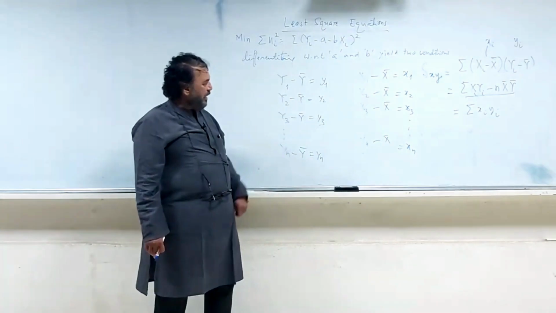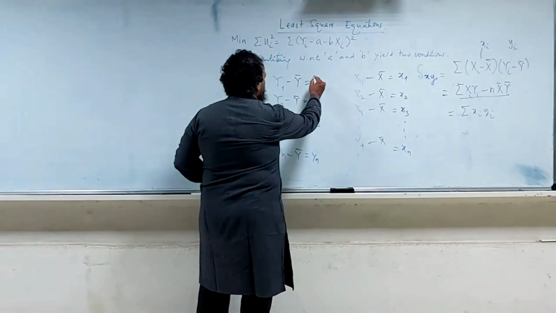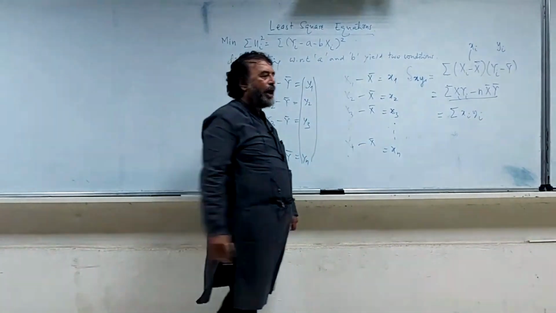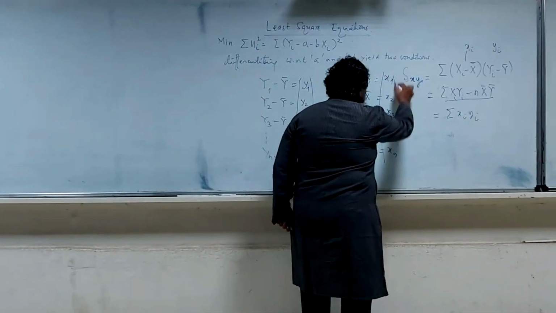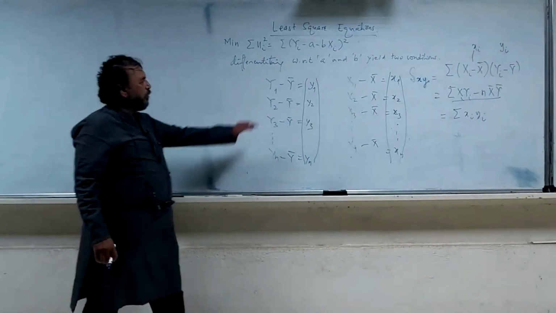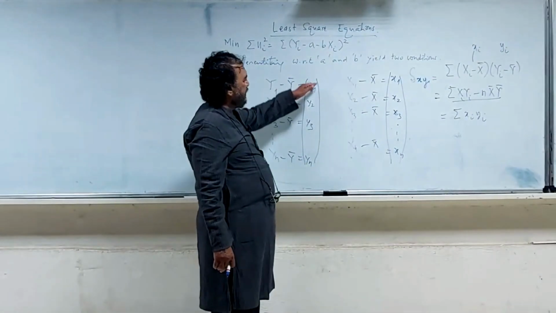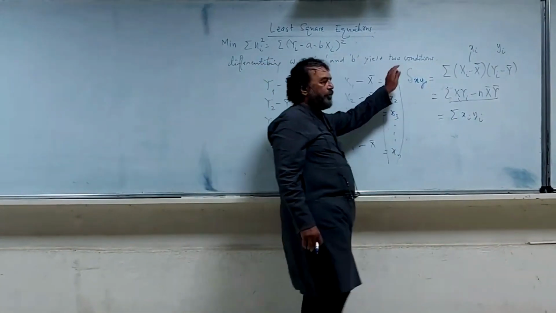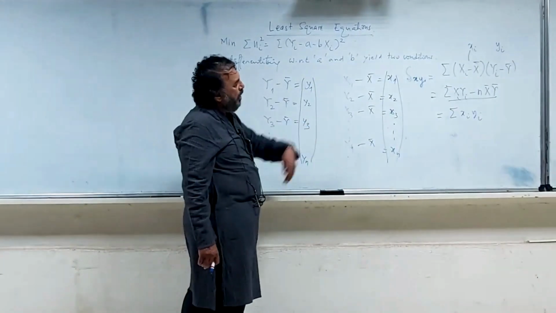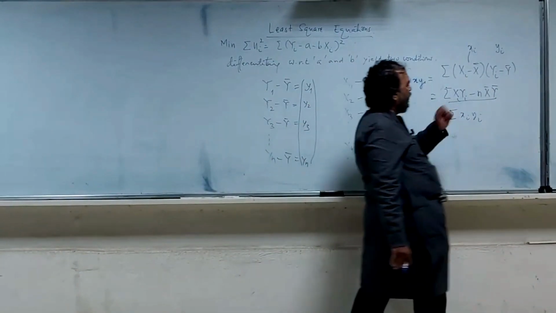The way I have written this is primarily to emphasize that I can consider this as a vector and this too as a vector. So I have got two deviation vectors from the original data. This is the deviation vector of y, this is the deviation vector of x. And as we see, if we take a product of this, it results in summation xi yi.